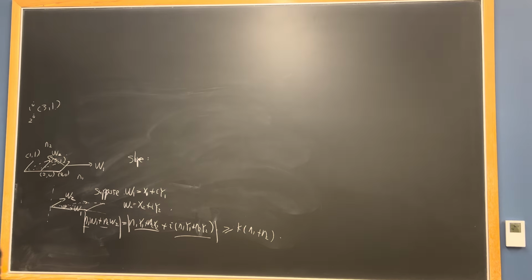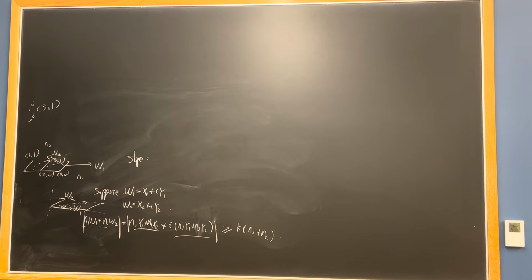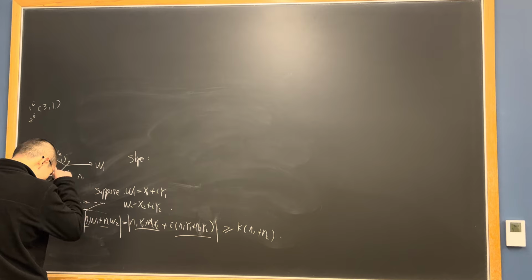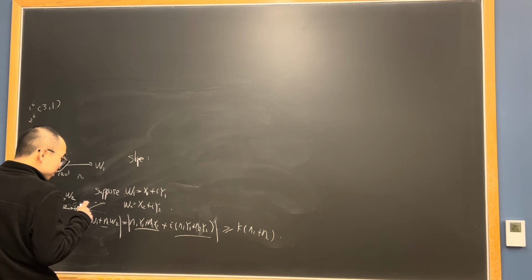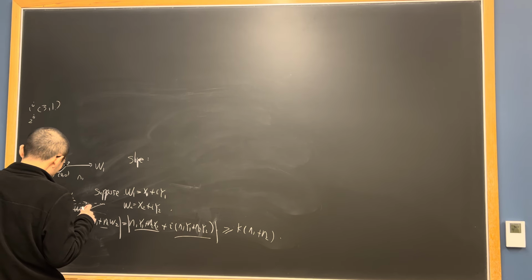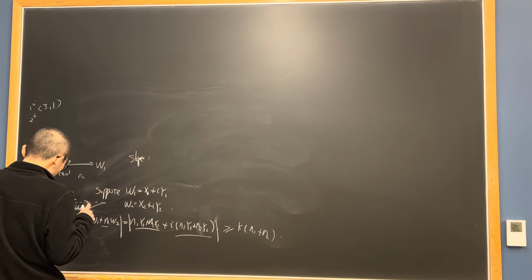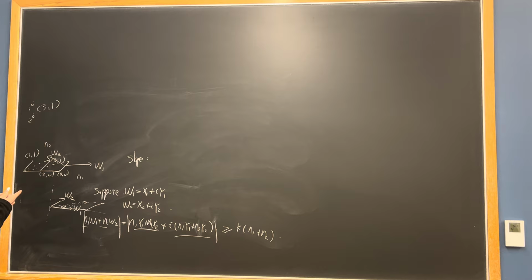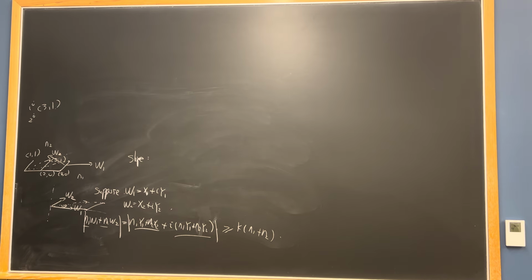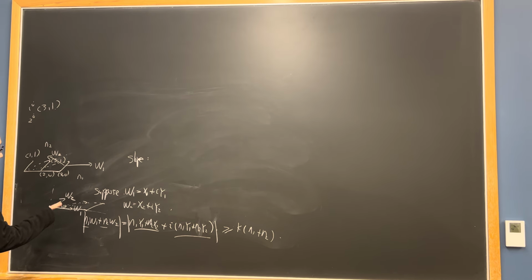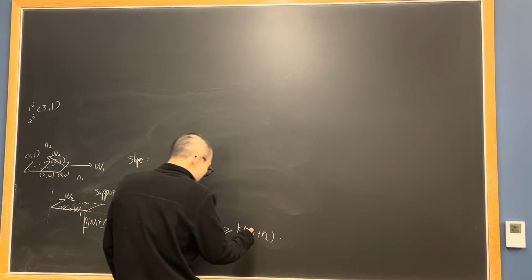So why is there a uniform bound? Let's see. First, this omega 1 and omega 2 are fixed, right? Let me think. Suppose that this n1 is very small.